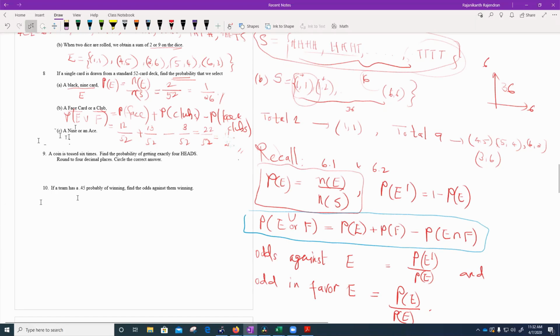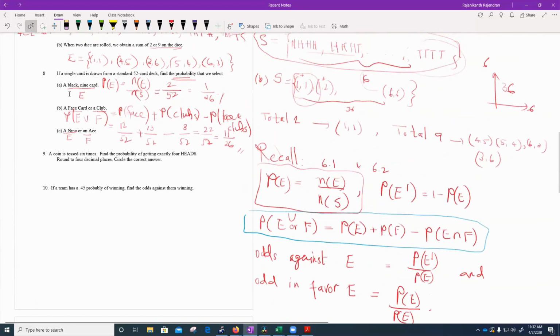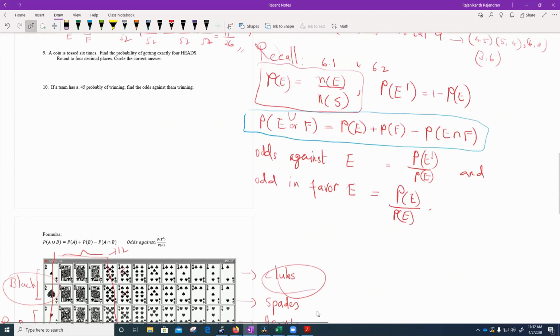Okay, in a similar way, again you have to use our formula for 2 events. Now my event E is getting a number 9 and my event F is getting an ace card. There's no space to do that problem. Let me do it somewhere here. Right, so I'm doing it separately here.